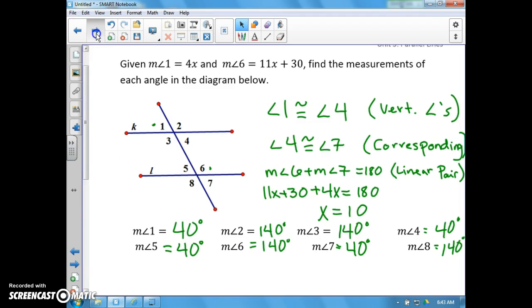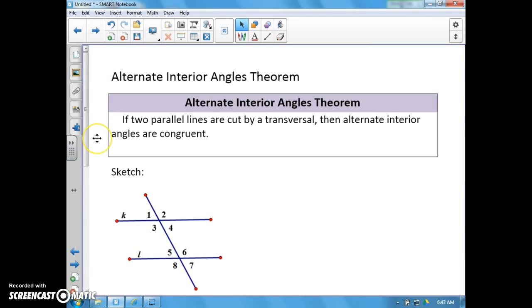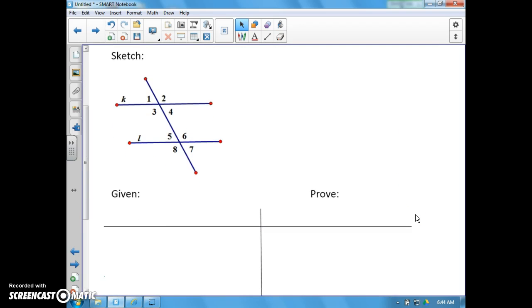All right, now we are going to move on to our first proof in this section. The first thing we're going to prove is the alternate interior angles theorem. And the alternate interior angles theorem states that if two parallel lines are cut by a transversal, then alternate interior angles are congruent. So I have my sketch right here. I've given you the same sketch as we've had in the previous problems.